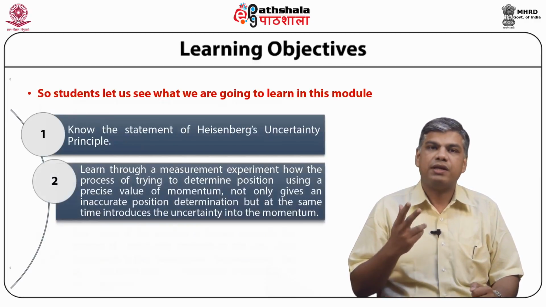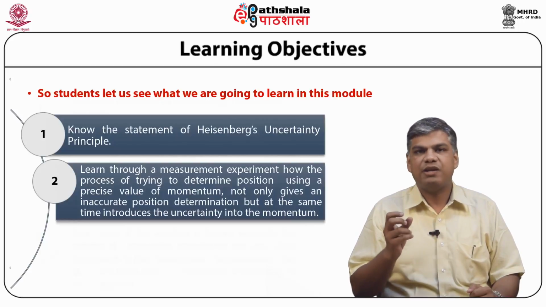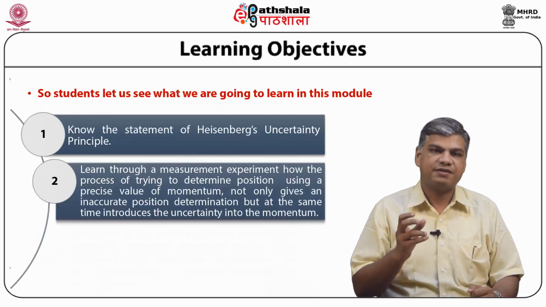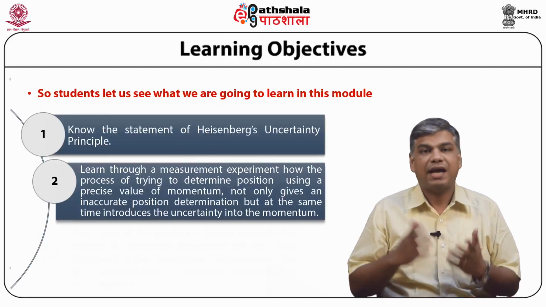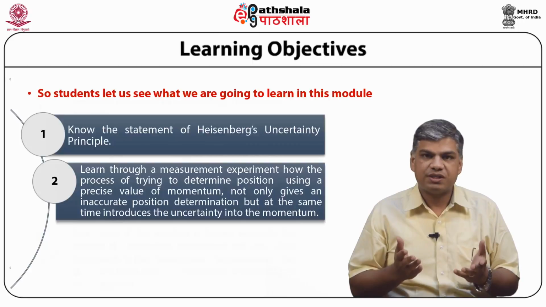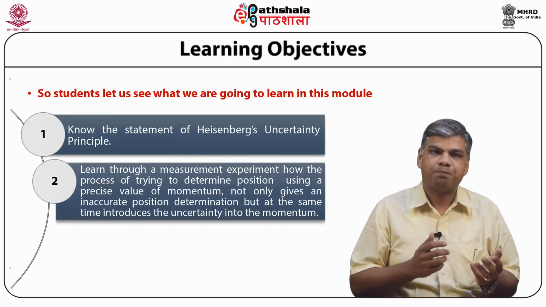Secondly, we'll learn through a measurement experiment how the process of trying to determine the position using a precise value of momentum not only gives an inaccurate position determination, but at the same time introduces the uncertainty into the momentum measurement itself.